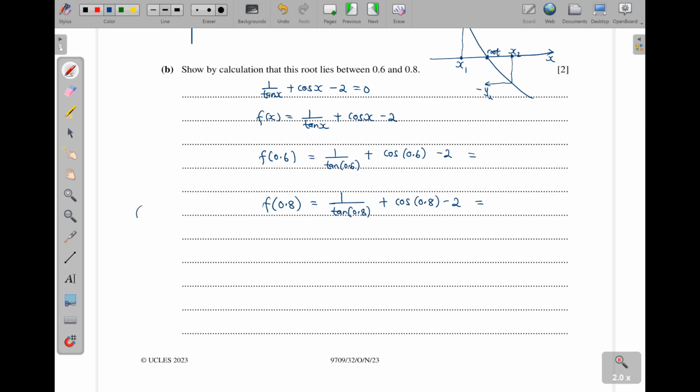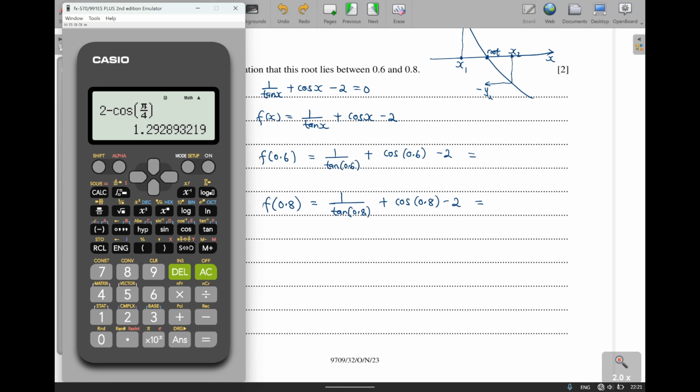Your calculator here must be in radians, okay? Straight away, the moment you see a trigonometric function, you must put your calculator in radians. Mine is already in radians. I'll just put 1 over the tan of 0.6.